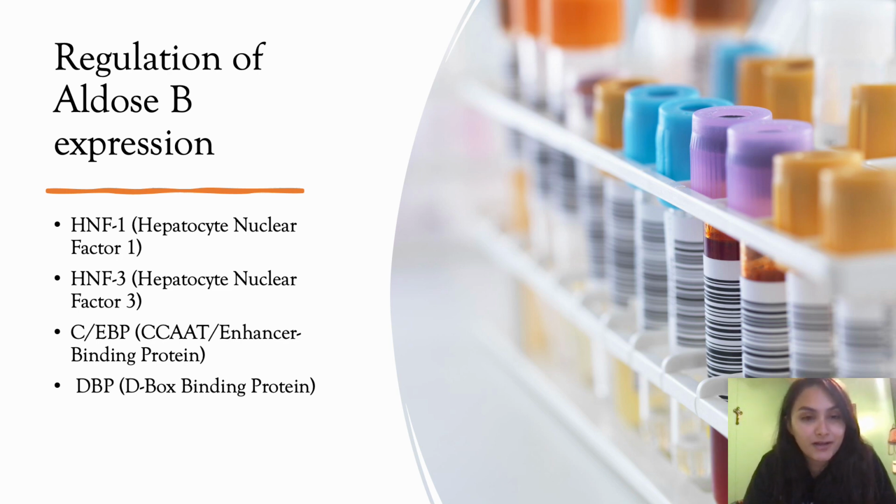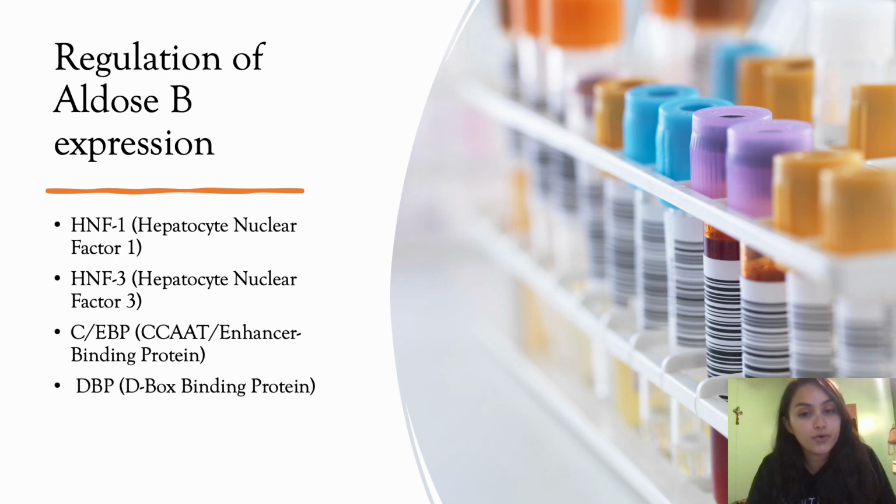So fourth, we have DBP, which is D-box binding protein. It is a transcription factor that belongs to the PAR-bZIP, which is proline and acidic amino acid rich basic leucine zipper family. It plays a role in the regulation of circadian rhythms and metabolism.